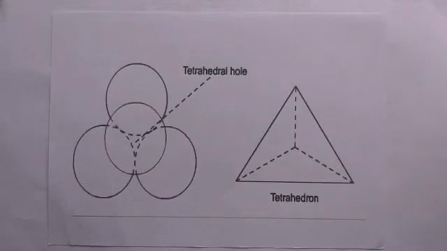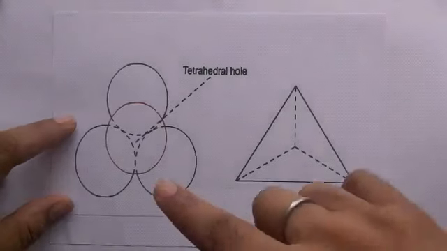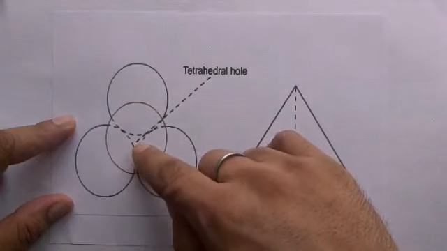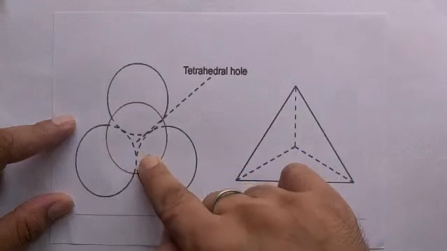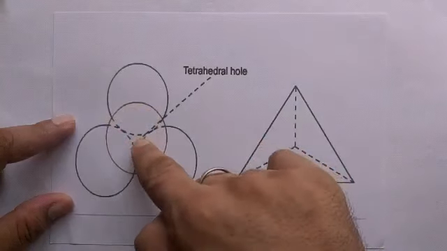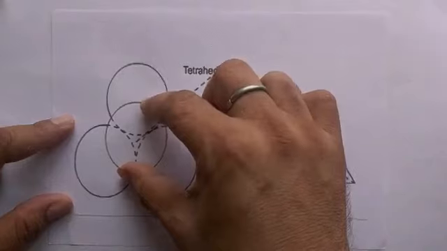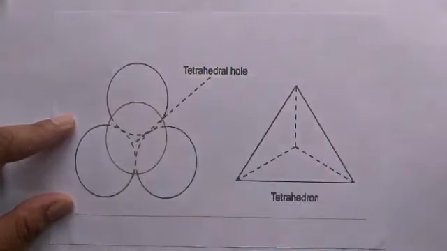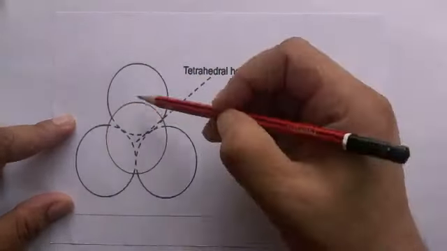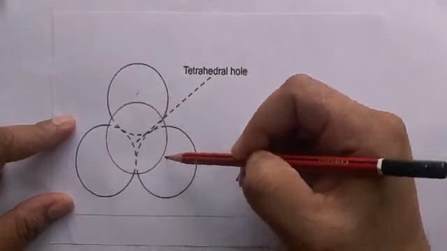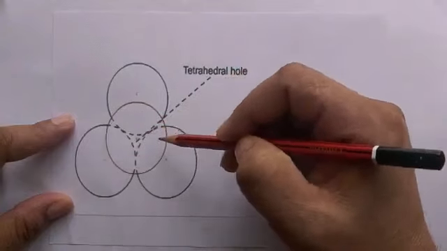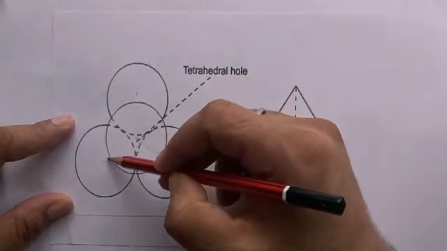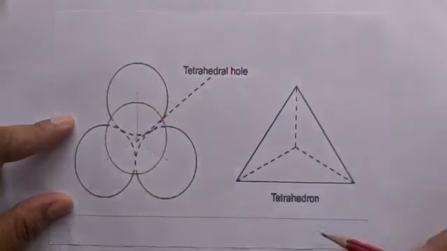Tetrahedral hole will be formed when the next layer is positioned just above the void or the hole. In this case, this is the lower layer and this is the upper layer. The atom covering this area will be positioned above it, and if the centers of these spheres are joined together with the center of the sphere positioned above, they will be forming a tetrahedron.